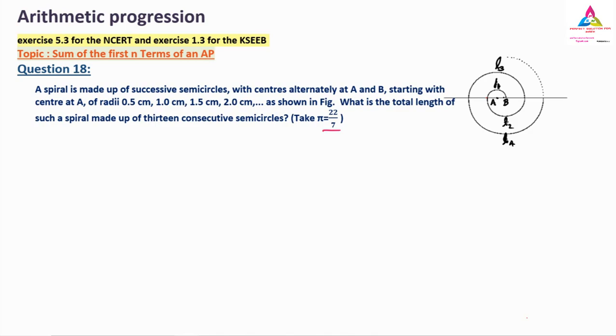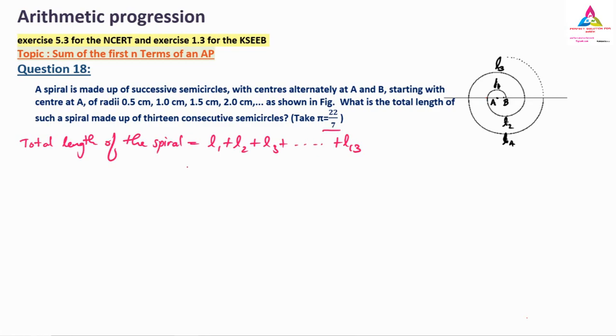The formula: the total length of the spiral we have to find. The total length of the spiral is nothing but L1 plus L2 plus L3 plus so on, lastly L13. This is the first thing we have to write down.